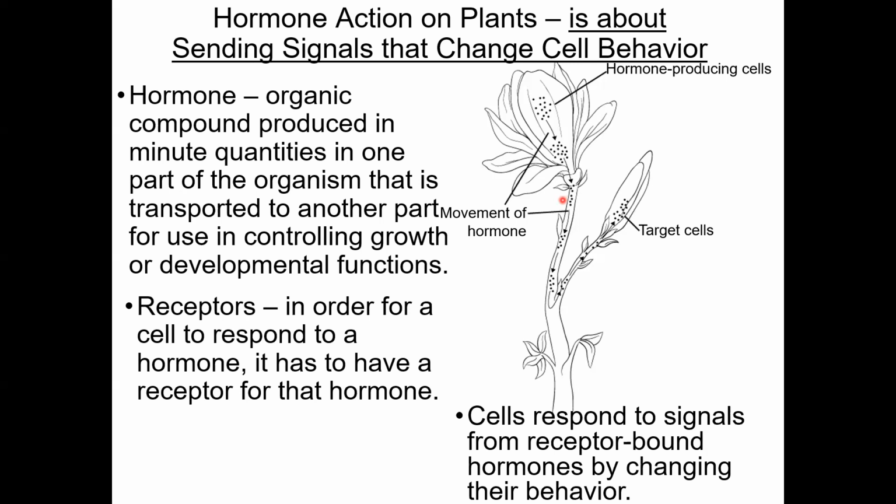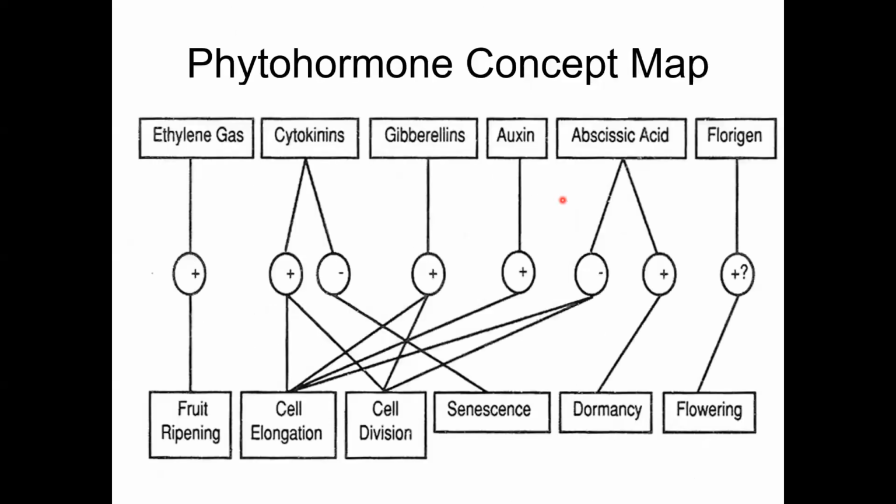Gene regulation is the process that causes cells to access certain genes and not others. That's what gene regulation is all about. So sending signals that change cell behavior, that's what this slide's all about.